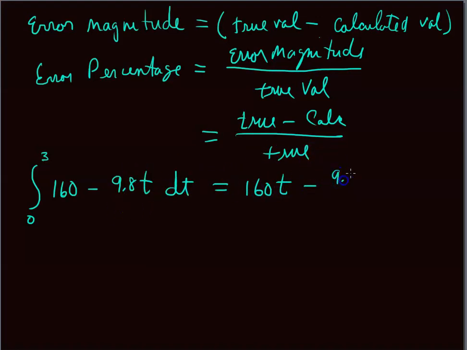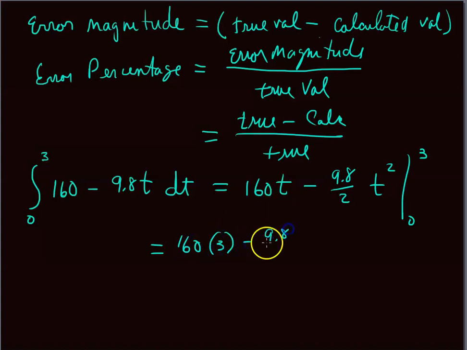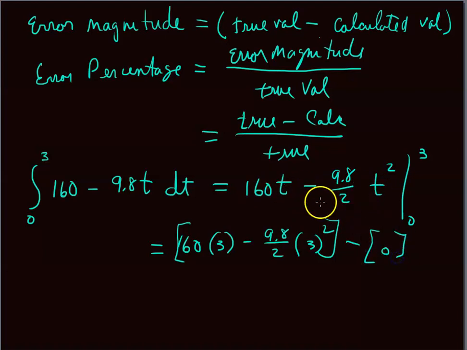So it's the 9.8 over the 2, which is times t squared, evaluated from 0 to 3. This just gives you a preview of what we'll be doing later on. So you plug in the top number, 160 times 3 minus 9.8 over 2 times 3 squared. And that number you subtract, plugging in a 0. But 0 will give us a 0 for both of these.